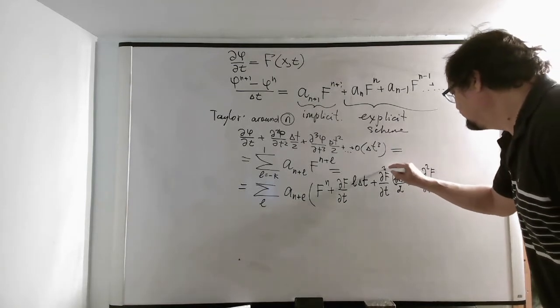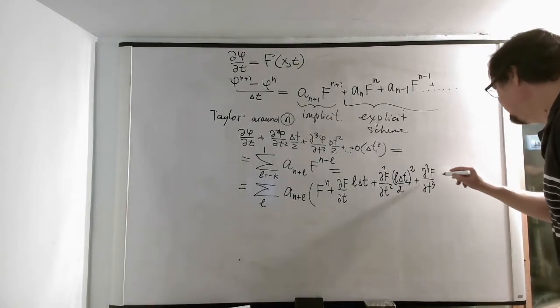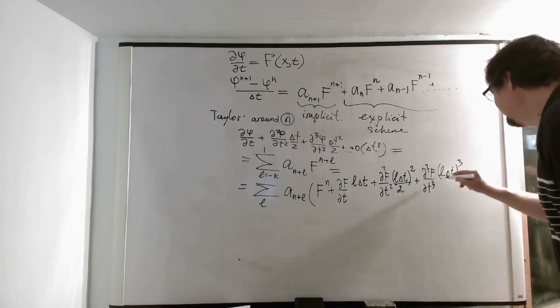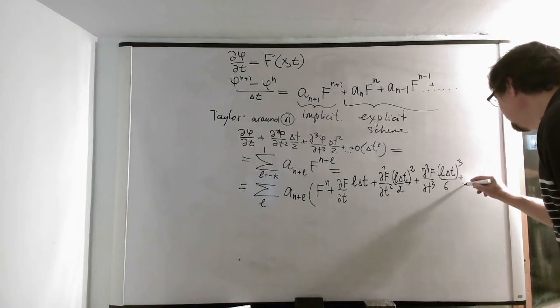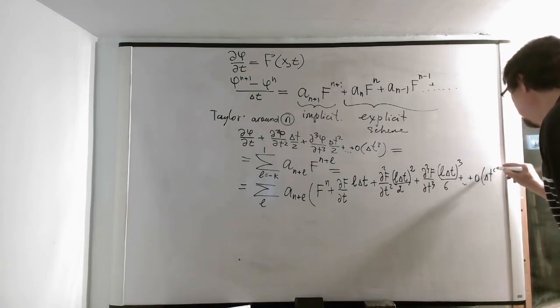Oh, actually here it's already squared. Sorry. So it's cube now. Cube L delta t cube divided by 3 factorial, which is 6, plus so on, plus order of delta t to the 4.